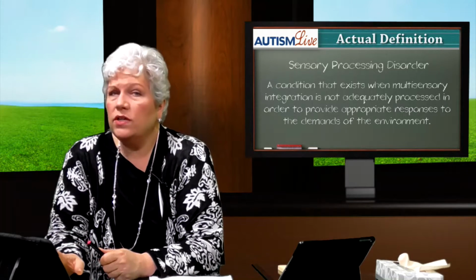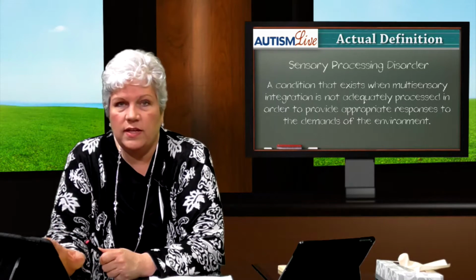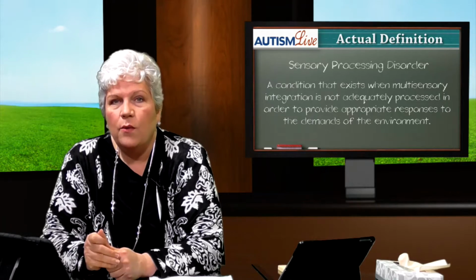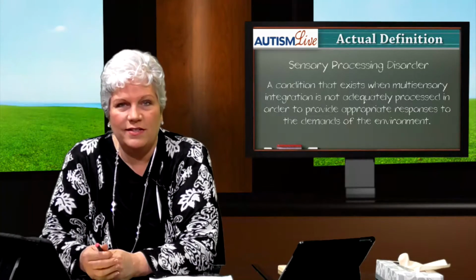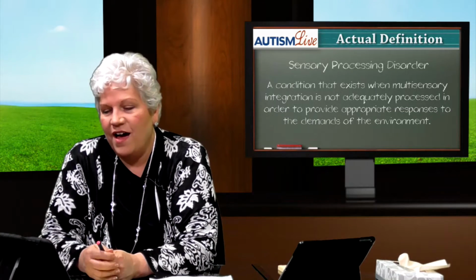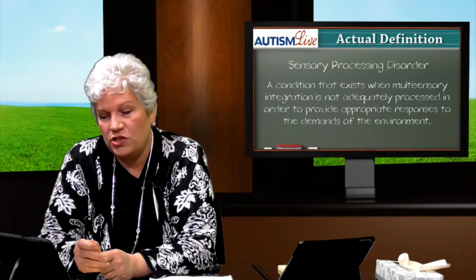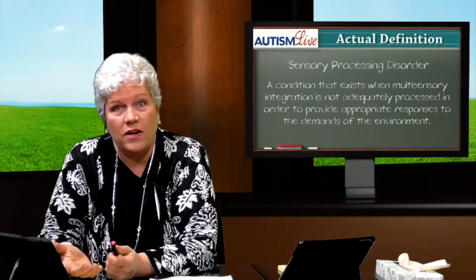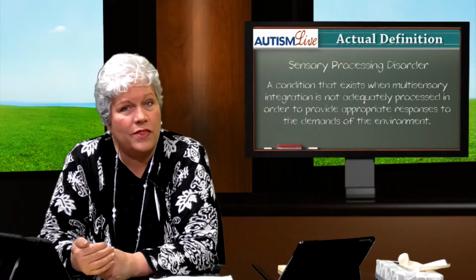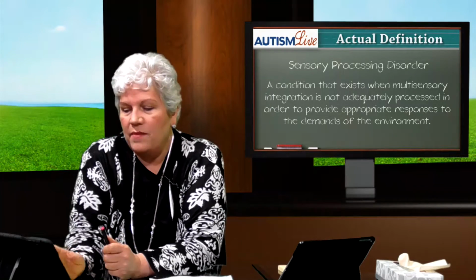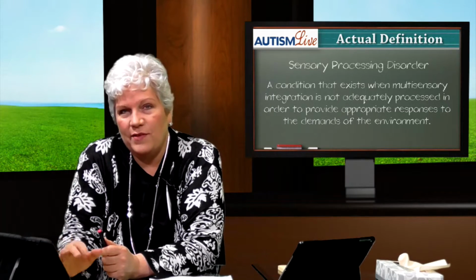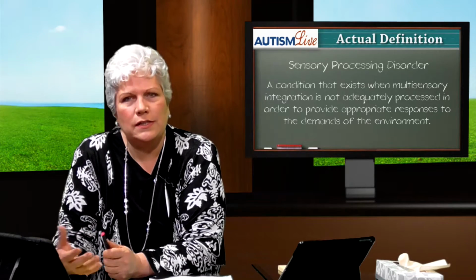Now, this isn't the worst definition that we can come across, but I always like to make fun of definitions that, when they're defining what they're saying, use the exact words that are in the term: multisensory integration processed. Can we get some different words in there? Get out of the thesaurus, I'm just saying. If I don't understand what the words mean together, then I need to hear some different words.